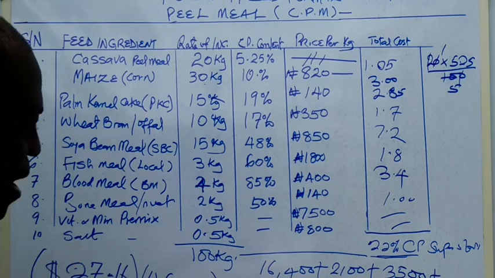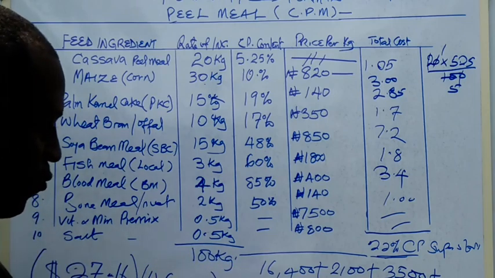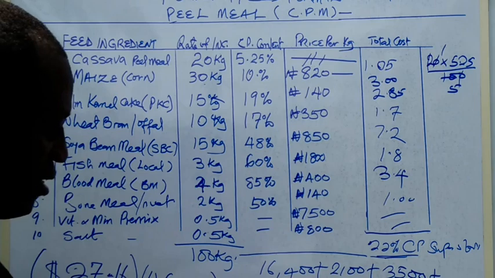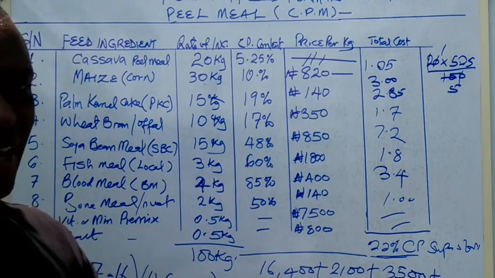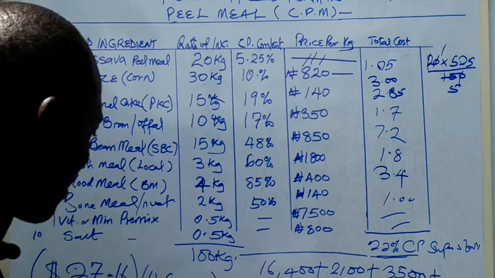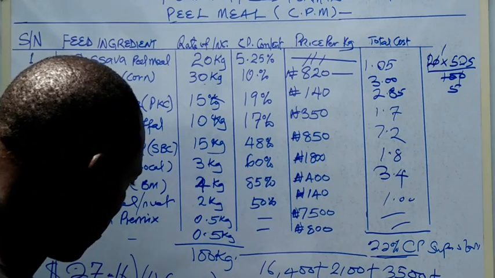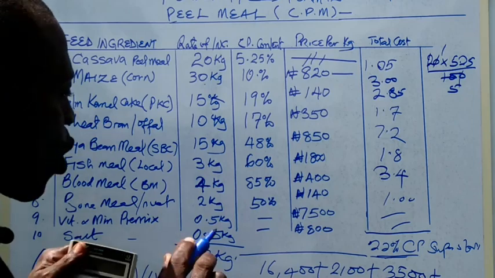Now let's divide it by 4 to get a bag of feed. 46,180 naira divided by 4 will give us 11,545 naira. This is the cost.